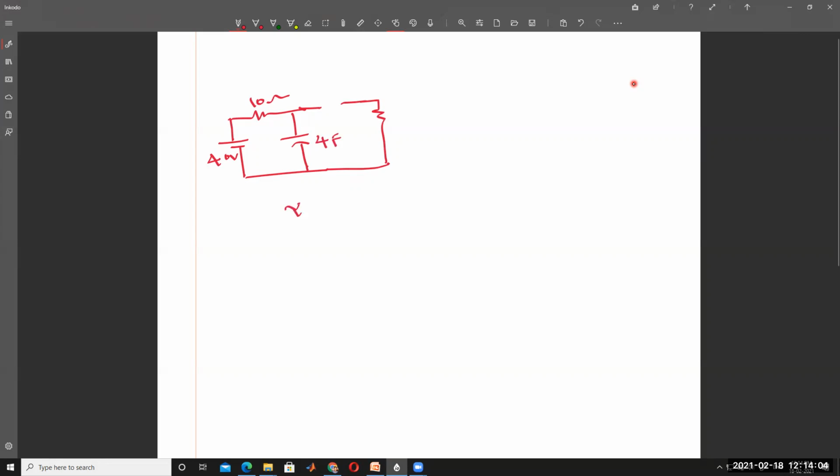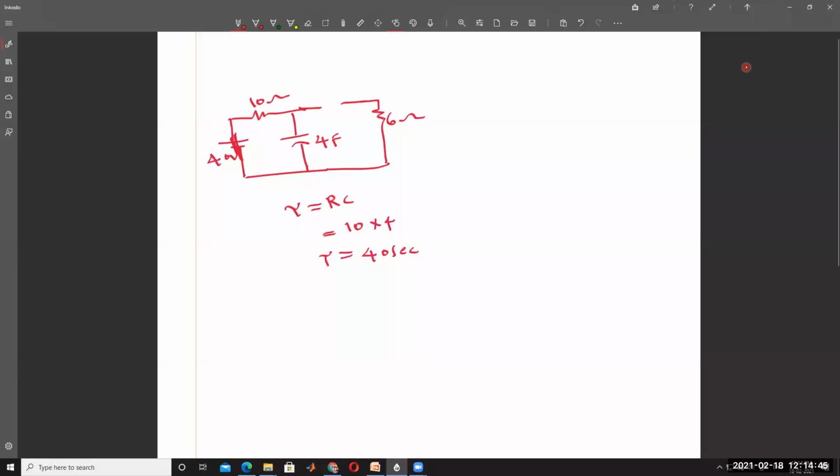So the time constant of the circuit before switching action is equal to RC. The 6 ohm resistor is not connected into the circuit. Here R is equal to 10 and C is equal to 4, so that is 40 seconds. We find this by making the voltage source short circuit and the current source open circuit. This is the time constant of the circuit before switching action.